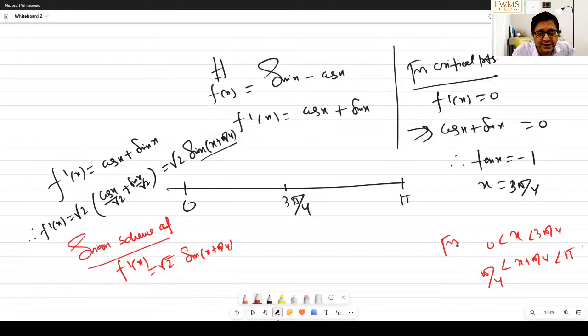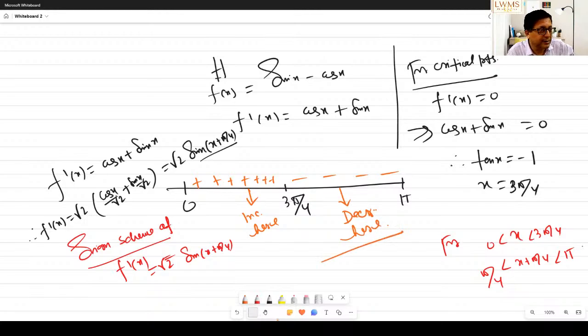So what happens in 0 to 3 pi by 4? In this coordinate, sign is positive. So increasing here and decreasing here. Clear? Done?